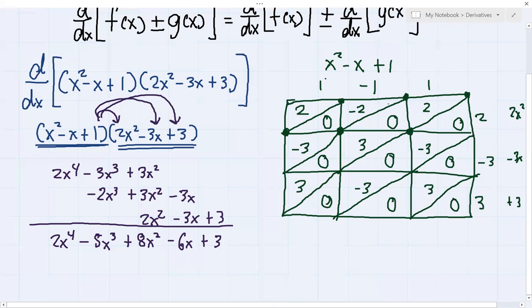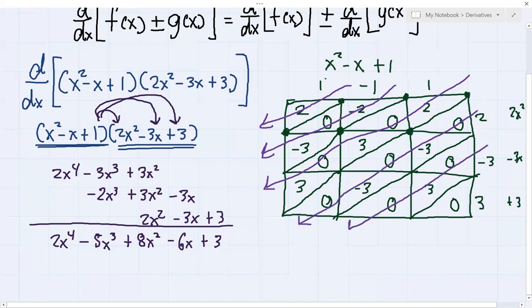We will add them following the pattern of your diagonal lines. And we will exclude the 0s here. Just exclude them, remove them.